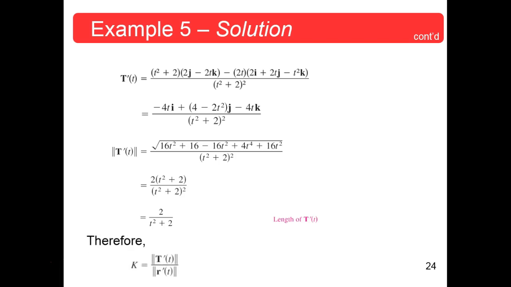All right. And so the kappa, I keep saying kappa, capital K, is that t prime we just calculated divided by the magnitude of r prime, which was, yeah, it's already on the previous slide.